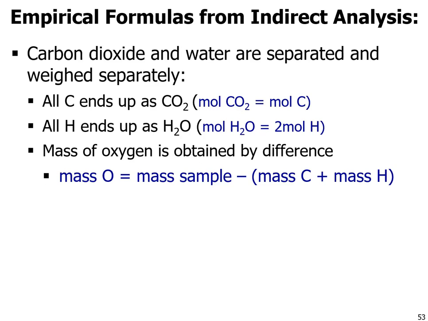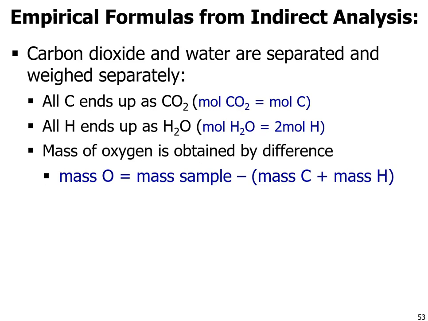When you look at carbon dioxide, you'll notice that there's one carbon in every molecule of carbon dioxide. So when we're doing that analysis and we identify carbon dioxide, 1 mole of carbon dioxide is equivalent to 1 mole of carbon. All of the hydrogen ends up as water, and for every 2 moles of hydrogen, there's 1 mole of water that's made.